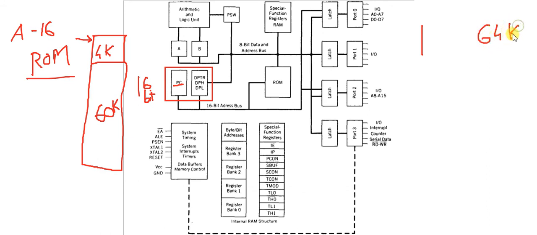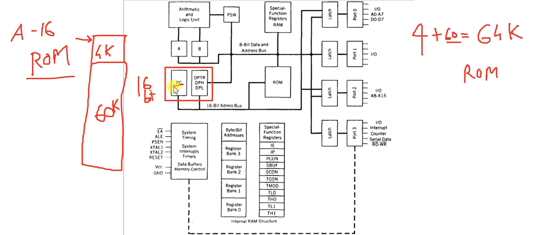Why? Because 4K of internal flash and 60K of external flash we can connect in case of ROM memory or program memory. So if we connect additional memory, then we can connect up to 60K.